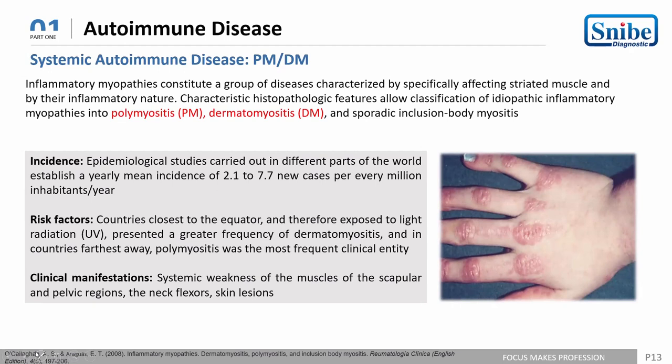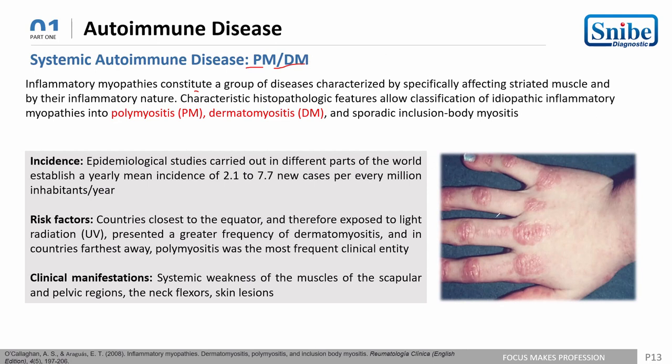If we talk about systemic autoimmune diseases, including PM and DM, what do PM and DM stand for? PM stands for polymyositis, and DM stands for dermatomyositis.